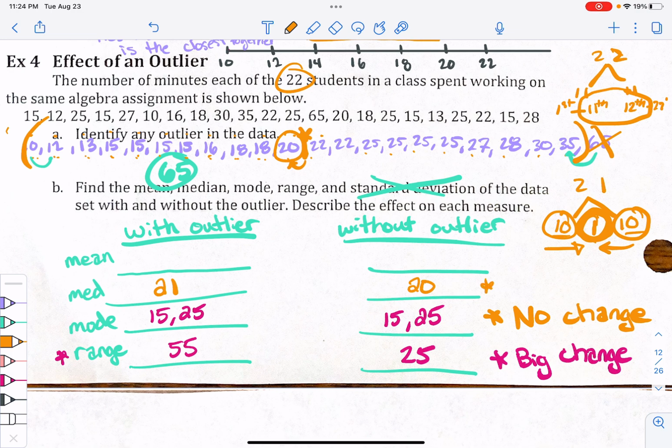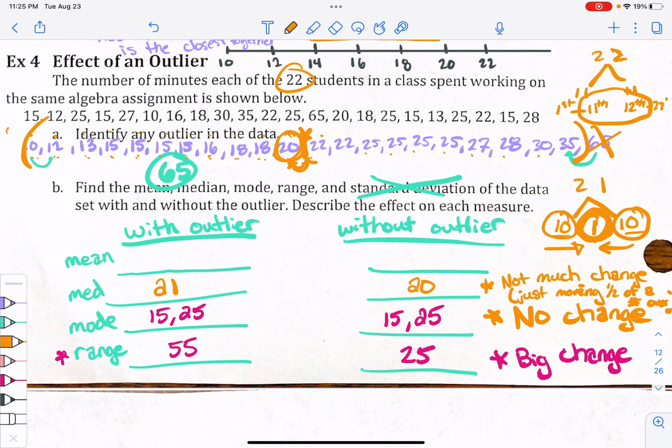So I'm going to say not much change, just moving half of a number over, if that makes any sense. I'm going from the 11th term to halfway between the 11th and the 12th term, or vice versa, right? I'm just moving half of a number over.